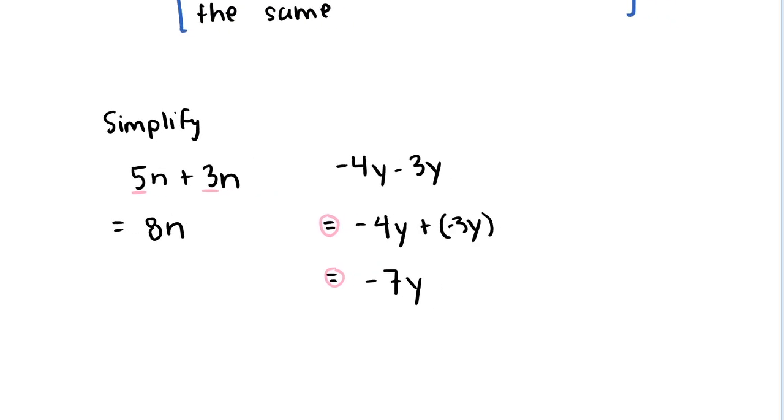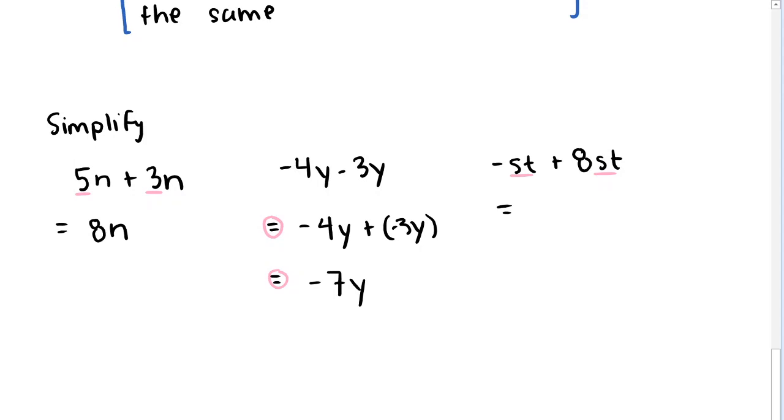And let's do another one. Let's do negative st plus 8st. So again, we see the same variable factors st. There's no extra ones involved. They're not missing anything from one to the other. So here, if I want to simplify this expression, I want to combine like terms. Well, I just add their coefficients.